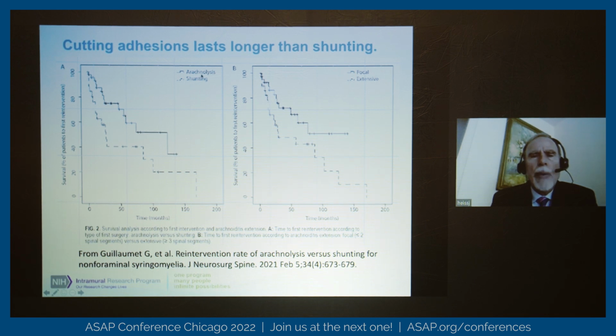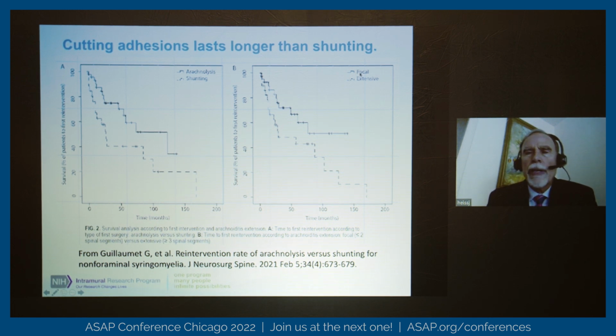And so this is arachnolysis, and this is in France. So you can see this is how long it takes before the people need to have a second operation in France. So here you have about 120 months. So it takes about 10 years in France to have your second operation if you have your scar cut, whereas you have about 4 years if you get shunted.